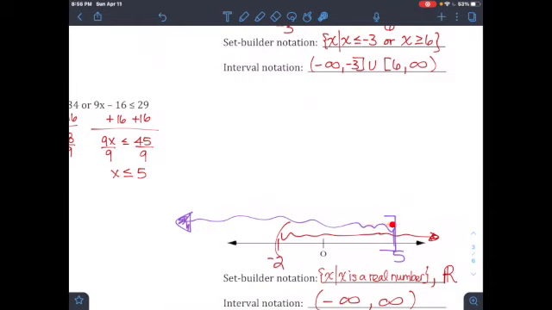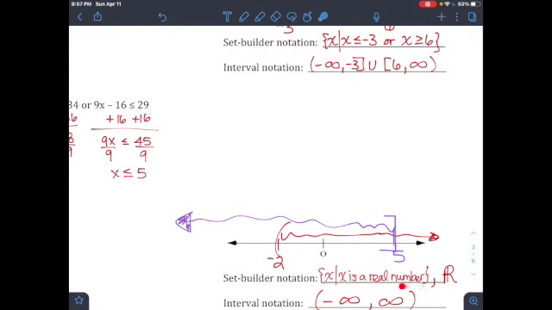So since the purple covers to the left and the red covers to the right, every single number on the number line will be covered either by the purple or the red. So in this case, the set builder notation is every single number is covered by some number line, so x is a real number.